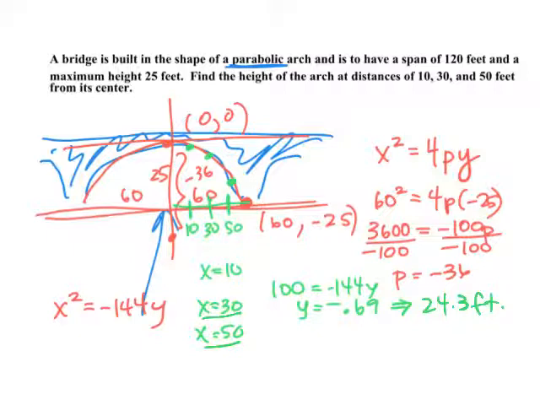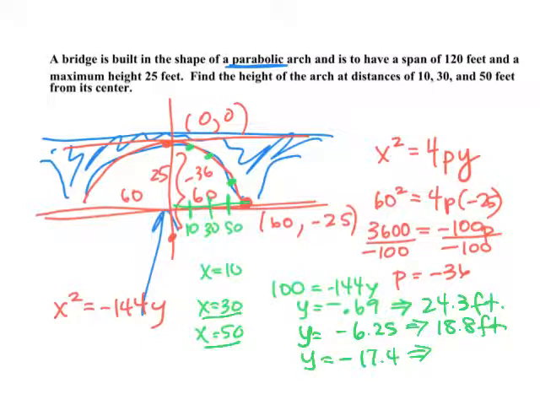When you plug in 30, you're going to get 900 divided by negative 144, so y equals negative 6.25. Add that to 25, and now the bridge is a little bit shorter. It's 18.8 feet. And lastly, kind of at the outer edge of the bridge, if x is 50, we'll end up with y equals negative 17.4, which means the bridge is only 7.6 feet tall.